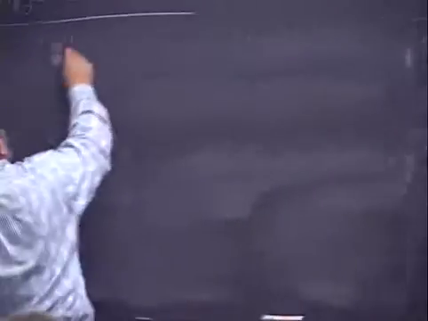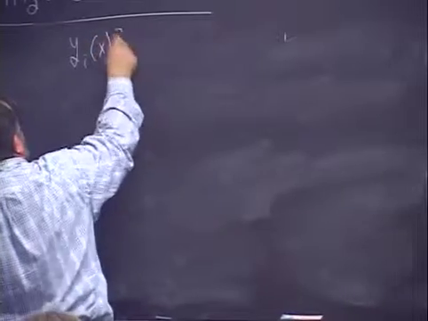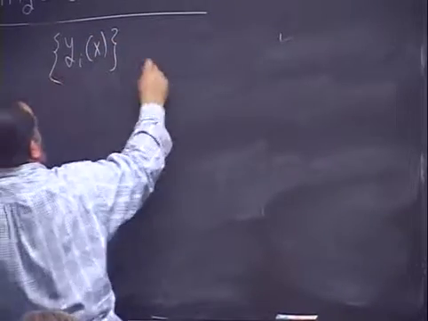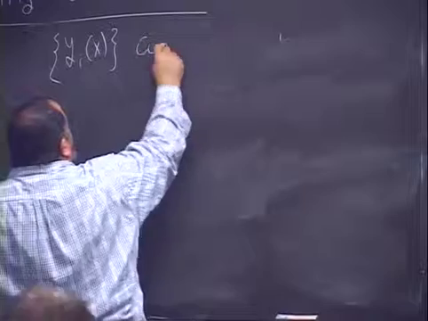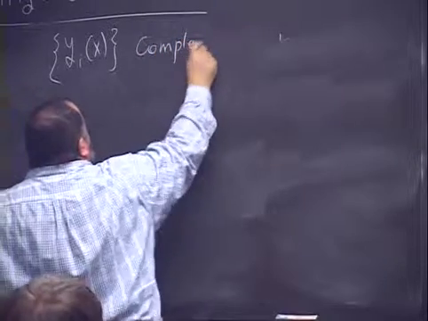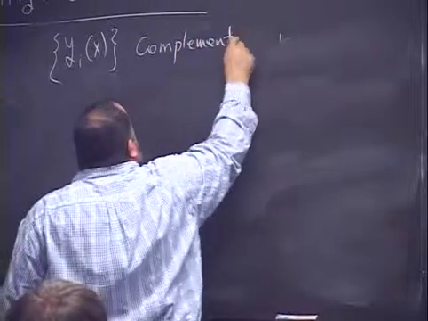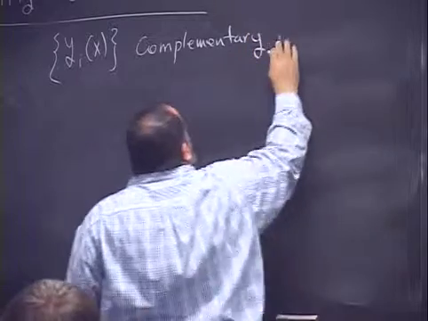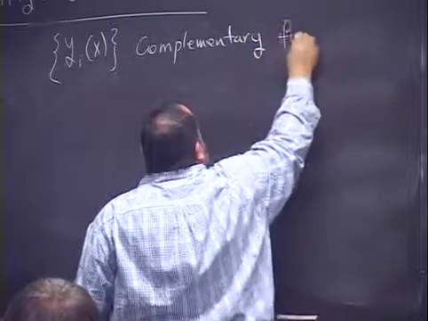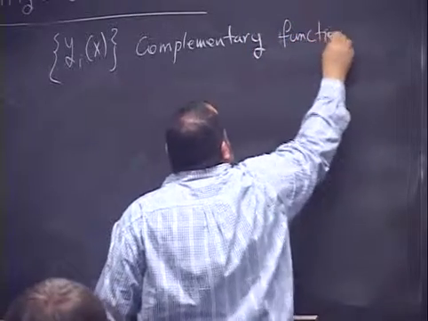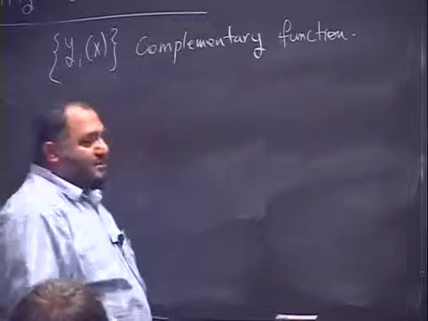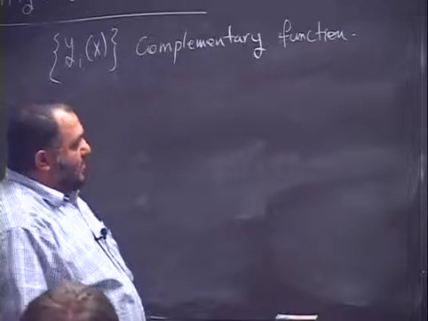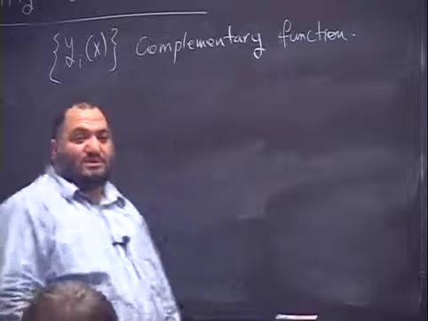Those yi of x, this set of yi's, usually some of the books will call the complementary function. I do not know if you will find it in this book or not. And yp is what?